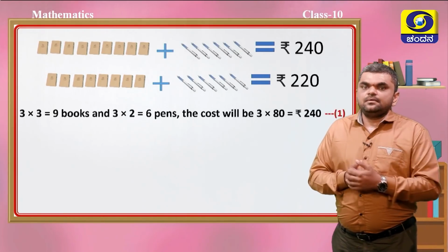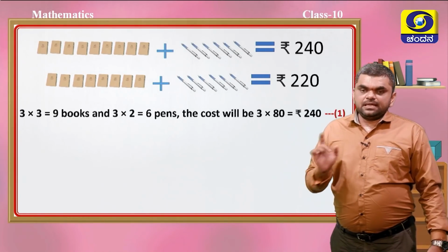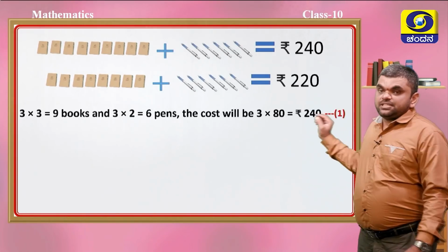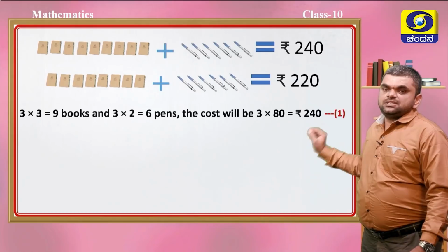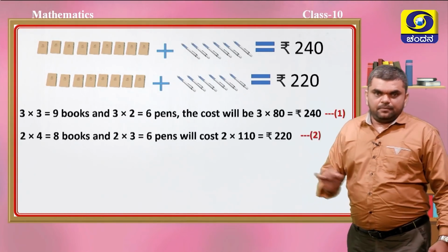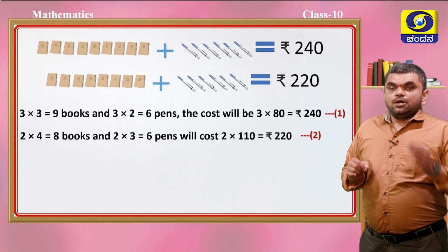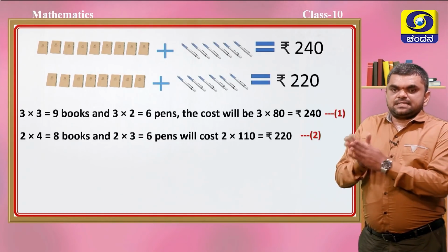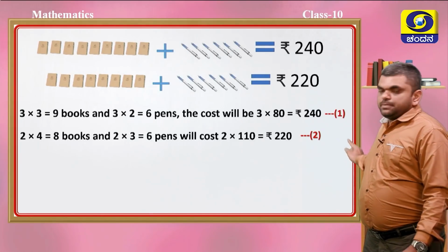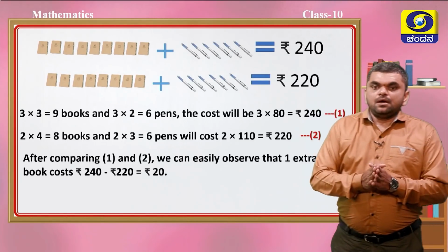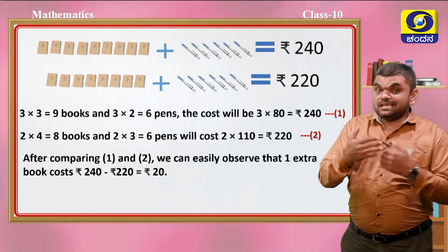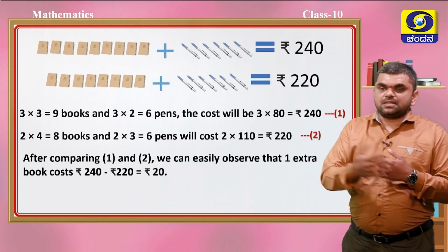Observe here, children, 3 into 3, that is 9 notebooks and 6 pens cost 3 into 80, which is equal to 240 rupees here. We consider this as equation number 1, whereas 8 books and 6 pens cost 220 rupees. We consider this as equation number 2 here. After comparing equation 1 and 2, we can easily find the cost of the extra.